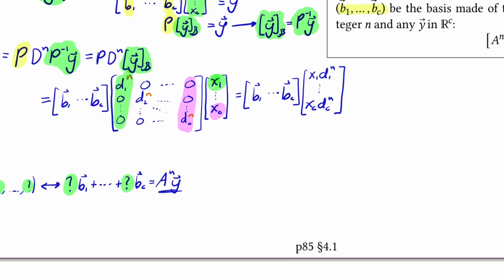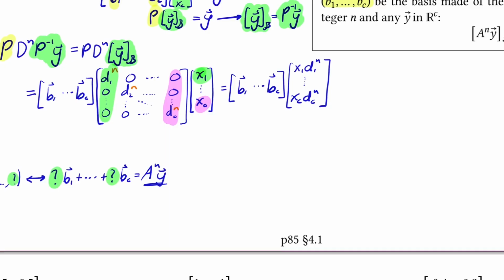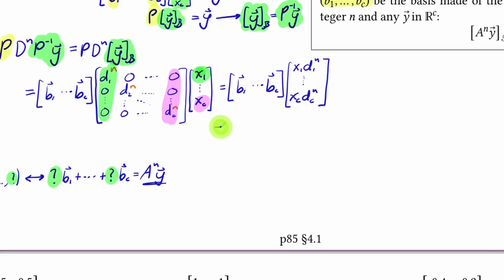And then we're doing this matrix times this vector. What we get is a linear combination of the columns of P, which are the B basis vectors, that looks like so.